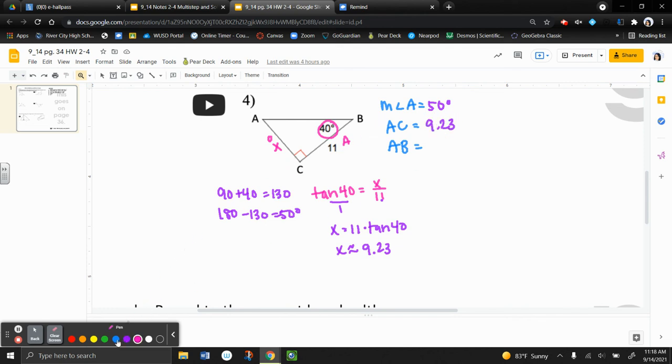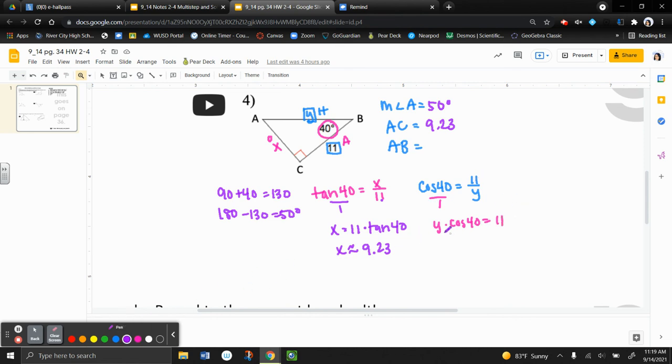All right, and lastly, we're going to solve for AB, which I'll call Y. That's my hypotenuse. So we're solving for the hypotenuse. We're going to use our given information, adjacent. That means I'm going to use cosine. So it's going to be 11 over Y. And again, cross multiply. So we have Y times cosine of 40 equals 11 times 1, which is 11.